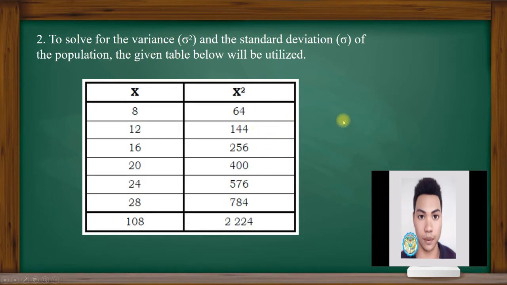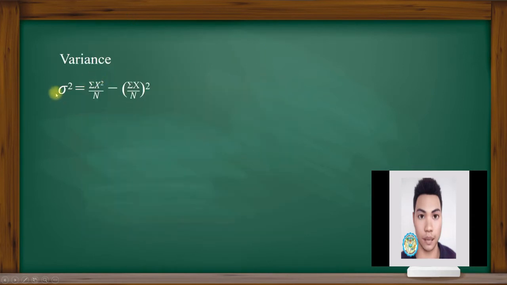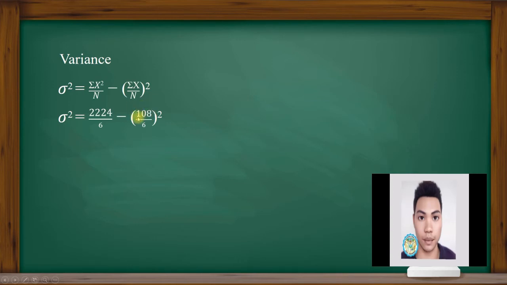Okay, so let's solve the variance and standard deviation from this table. The variance formula is the summation of x squared over N minus the square of the summation of x over N. So we substitute the values here. We have 2,224, which is the total of the squared x from the table we got earlier, over 6, which is the number of teachers, minus the summation of x, which is the total of the first column, 108, divided by N, which is 6, and then squared.